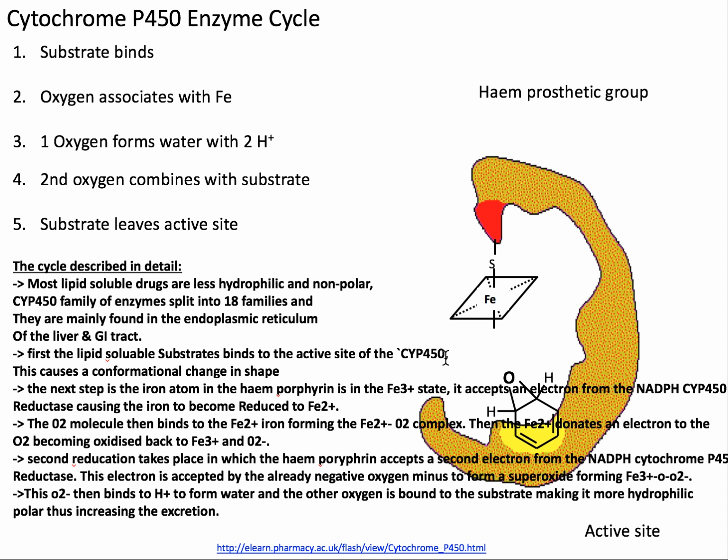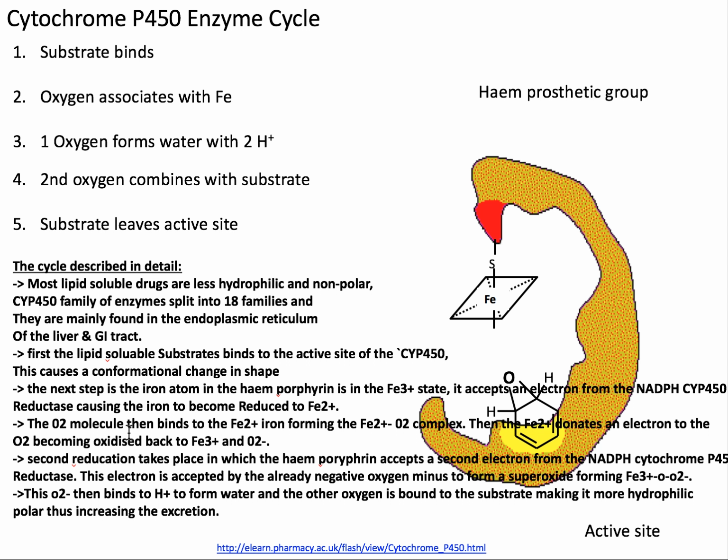The key point is: first, the substrate binds to the active site. This causes a conformational change. The conformational change then induces the cytochrome P450 reductase to donate an electron to the iron atom, which is in the Fe3+ state. It accepts an electron, so it becomes reduced to the Fe2+ state.